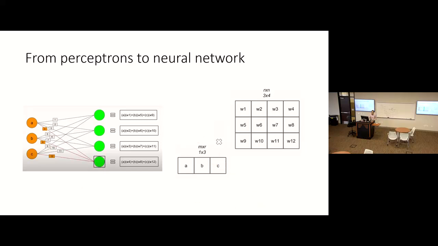Then you just multiply the input vector by the weight matrix to give you the aggregated information as an output for the next level. Does that make sense?